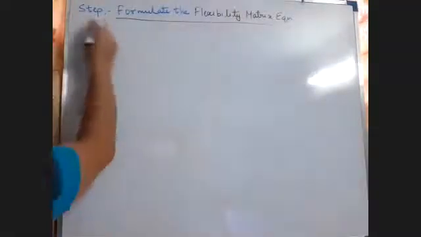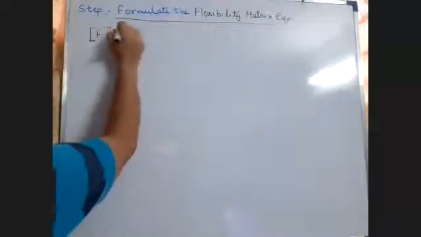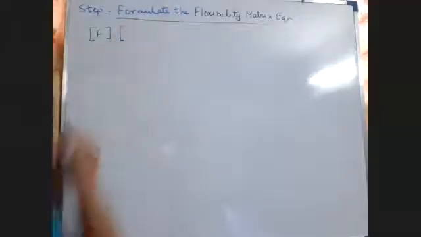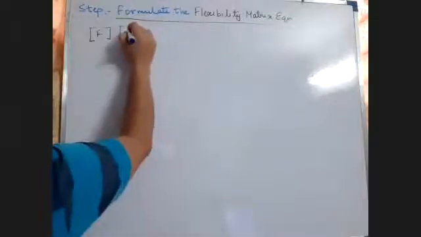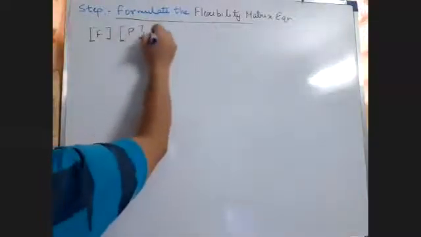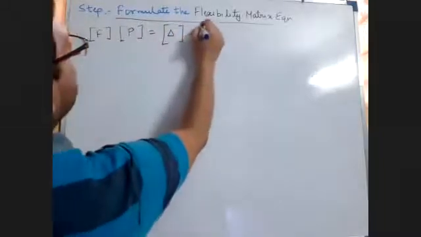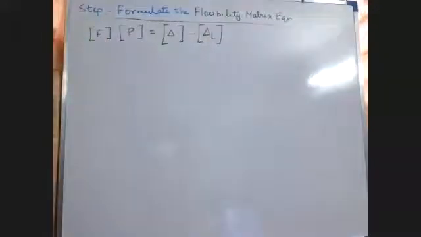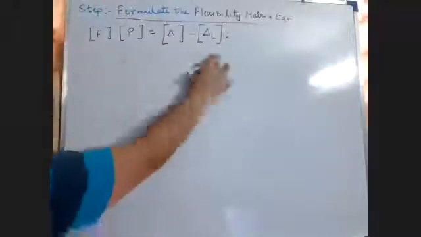So the equation is: flexibility matrix into the P matrix will be equal to delta minus delta L. So this is the flexibility matrix.